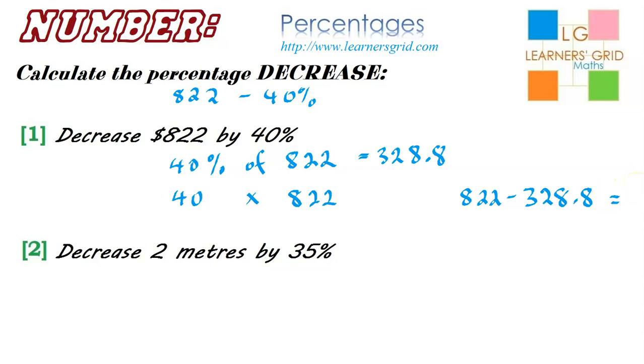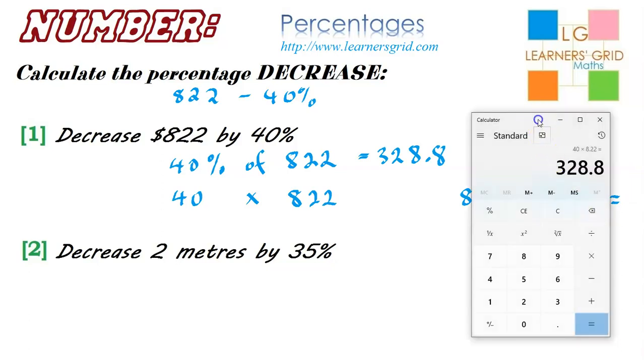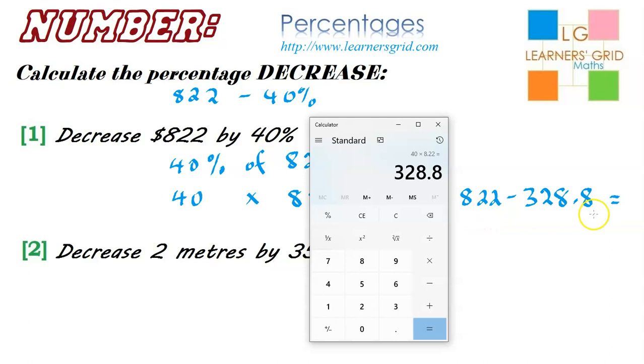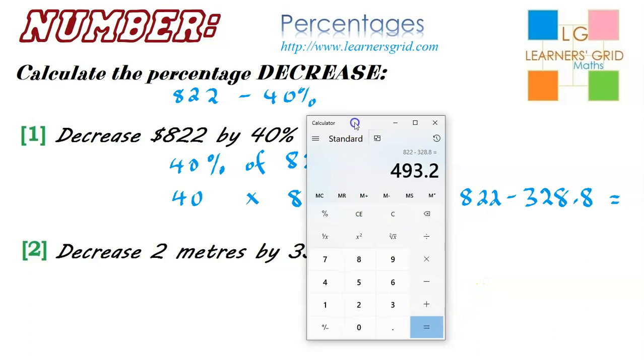If you want to be a little bit more sophisticated than that, you can, at this stage, instead of clearing everything and starting from zero again and just typing all that in, you can just use some of the functions on the calculator. So add 328.8 to memory, clear, and then just go 822 minus memory recall, and you get this answer here.